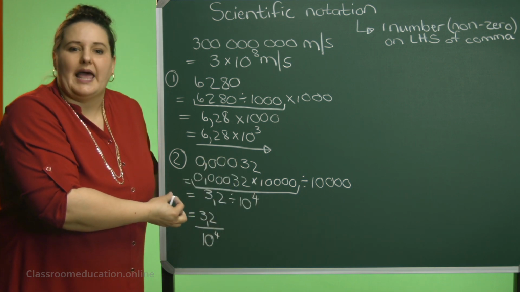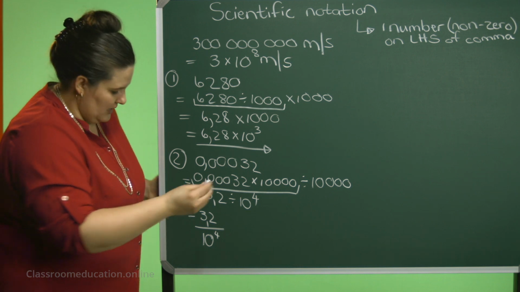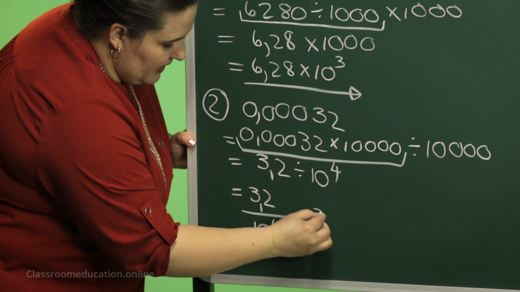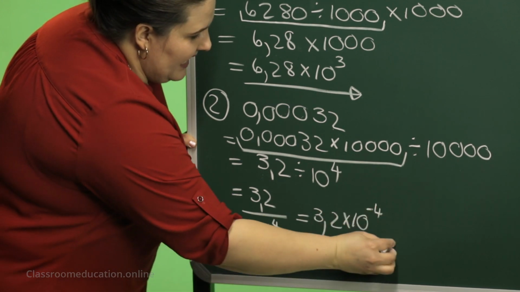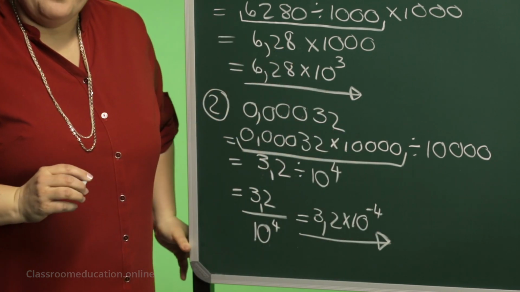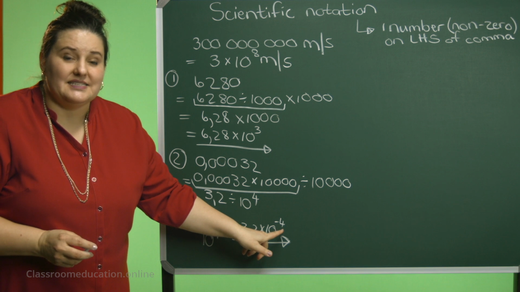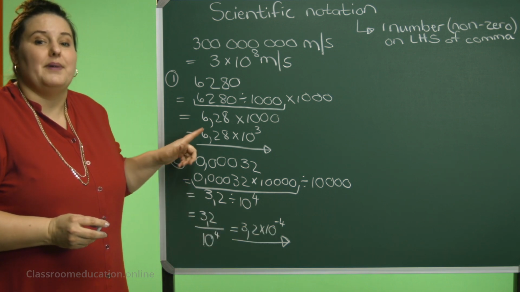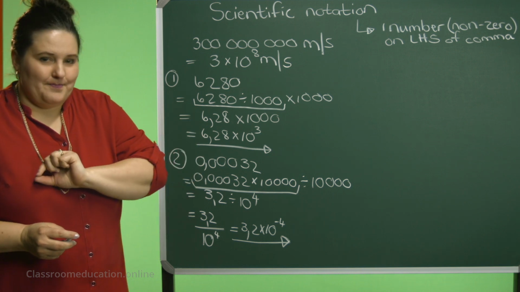But then what will happen to the sign of the exponent? It will change. So this is the same as 3,2 times 10 to the power of -4. Boys and girls, that negative number means that my original number was actually a very small value.